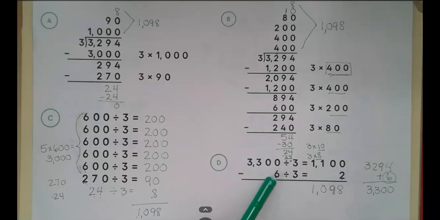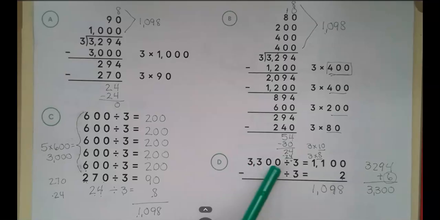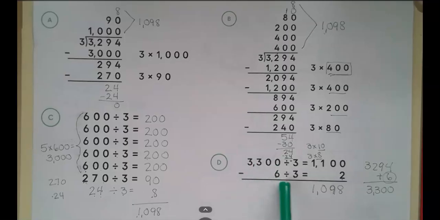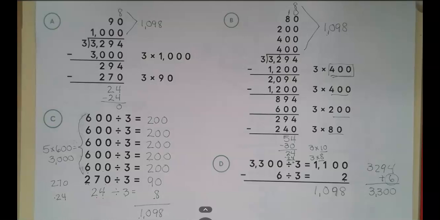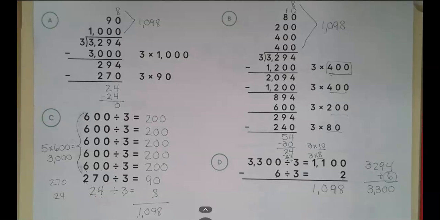I added 6 to that 3,294 to get to this. So I'm going to divide 6 by 3, which gives me 2, and subtract those 2 from my 1,100 to get me 1,098. This kind of reminds me of the compensation method when we think about making an easier number to subtract. We can add to it and then take it back at the end.